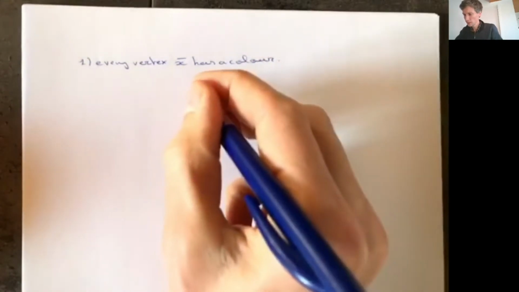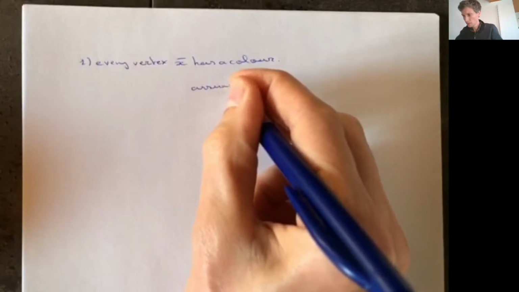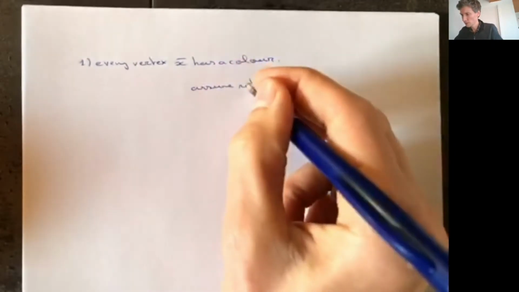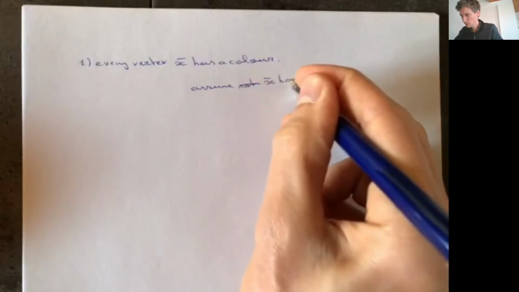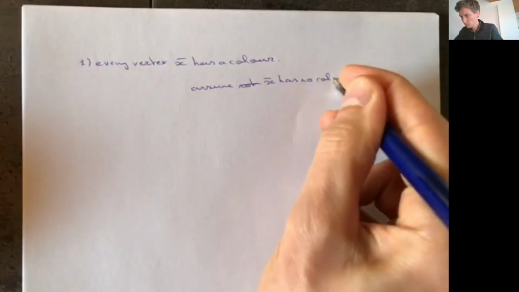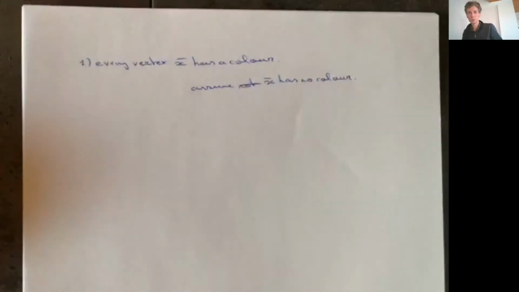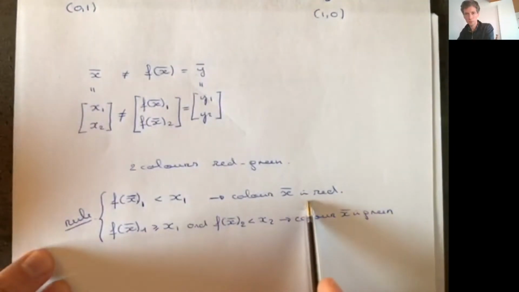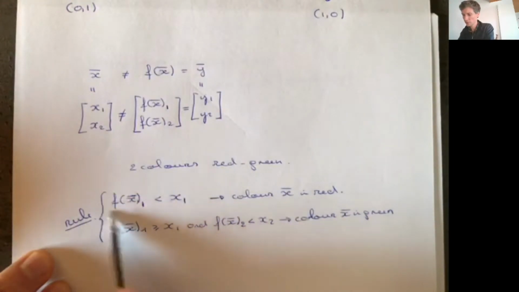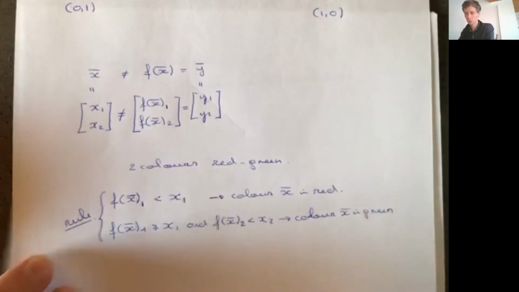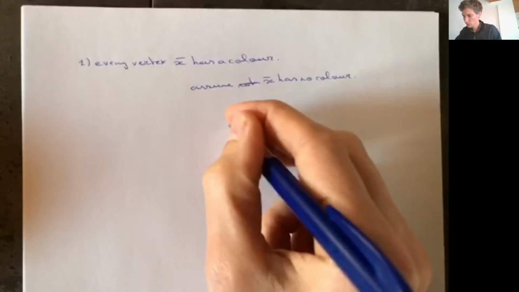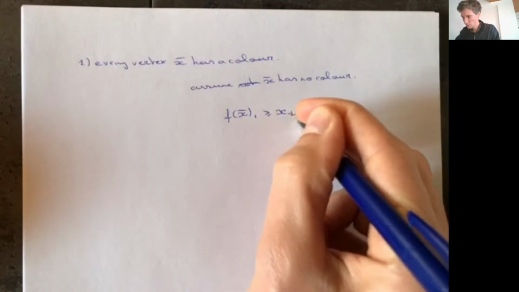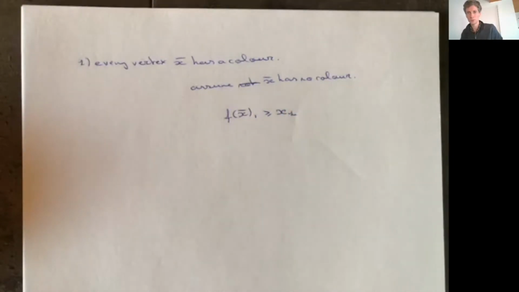So assume not, that x has no color. What would happen then? Well, if x has no color, then it's not red. So this means that f of x1 is greater or equal to x1. Okay, that's the first thing that we can say.